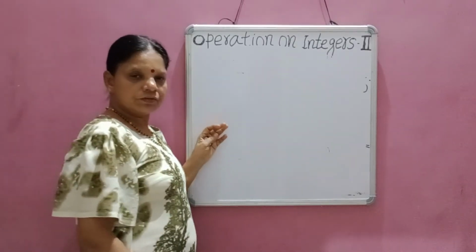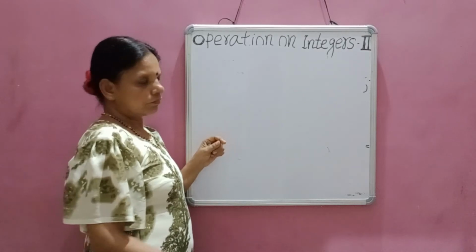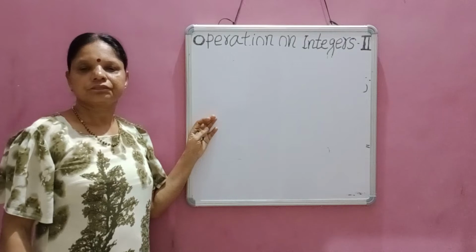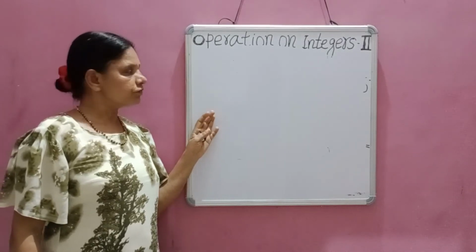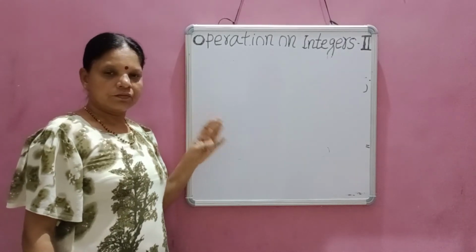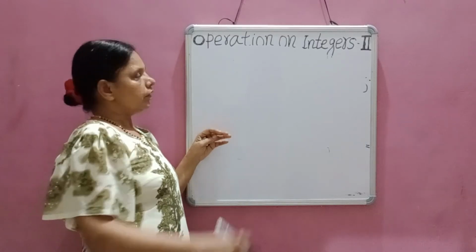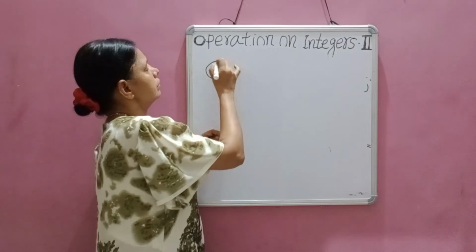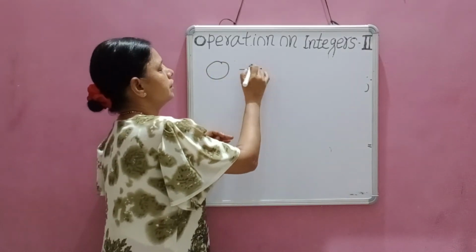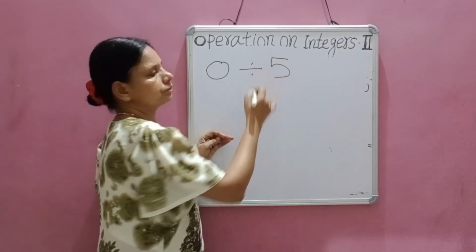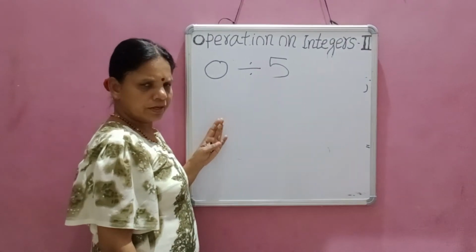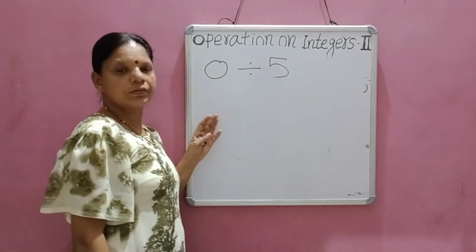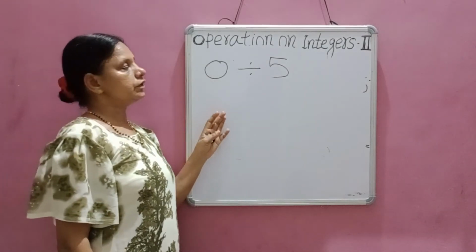Now, similarly, division. The rule is the same. Take the example. In the case of division, what about 0 and 1? We will see. If 0 is the first number, 0 divided by 5. How many 5s can you take from 0? That is the meaning of division, right?